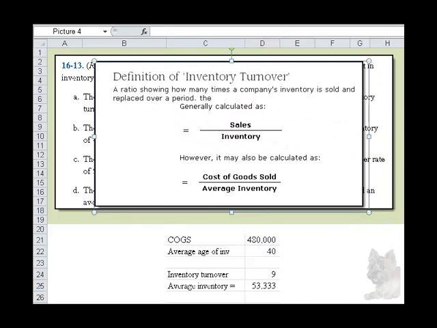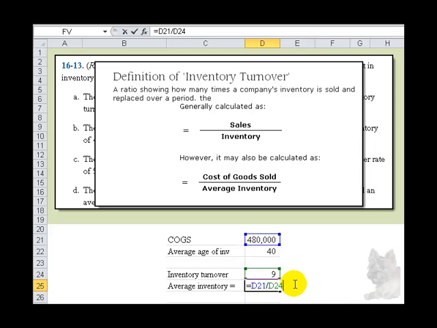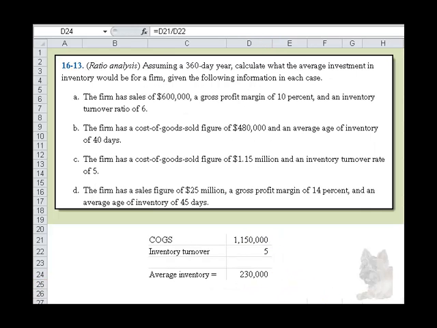I'll slide that over for you. You see cost of goods sold divided by average inventory. So we are using that to calculate average inventory for part B. Next we tackle part C.